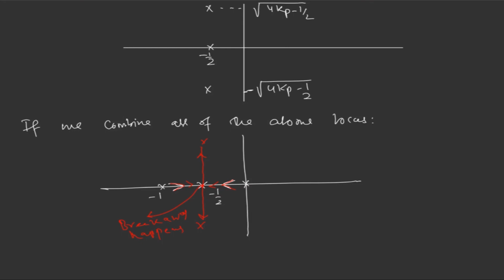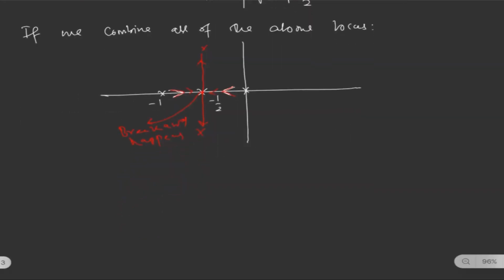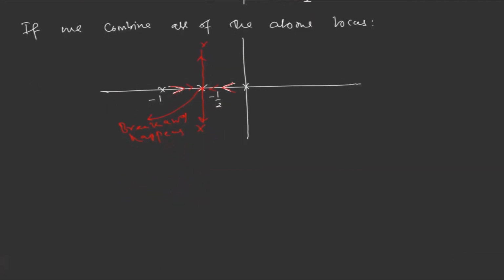So this is how the locus is created with the change of controller gain. So from this discussion, let's have the note.